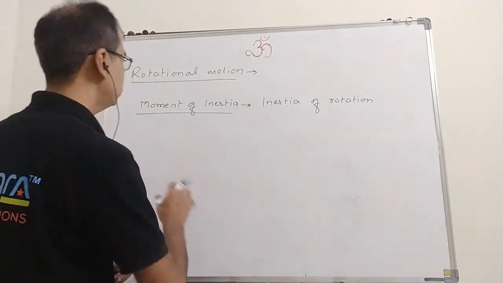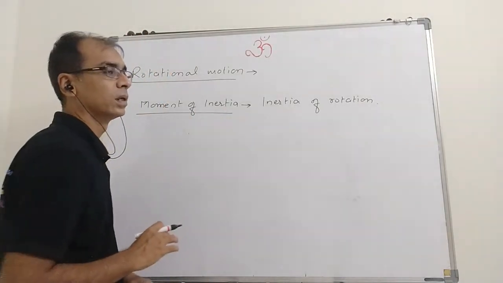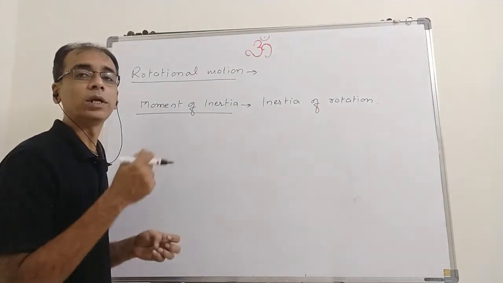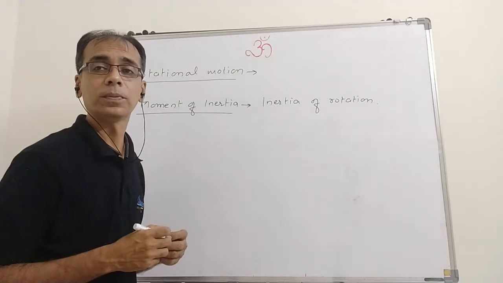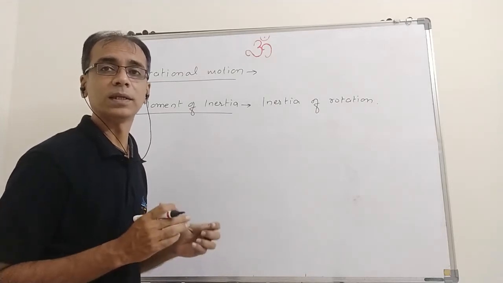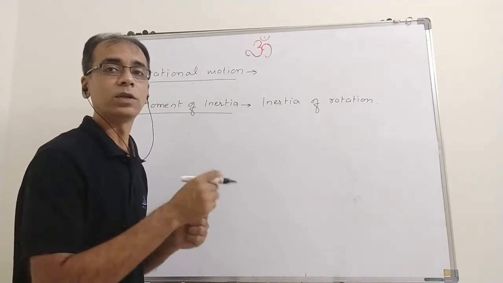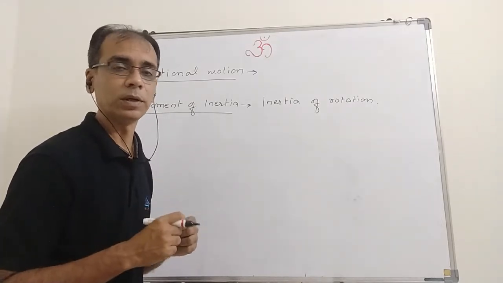Moment of inertia doesn't depend only on mass, because for anything to rotate you require radius also. So the position of the mass about the axis, the point about which you are going to rotate, is also important.